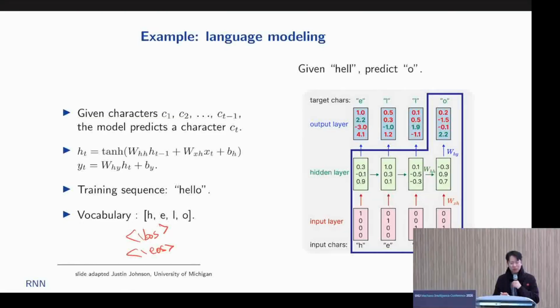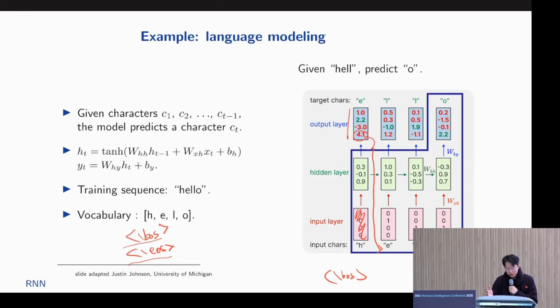So each sequence is pre-padded with the beginning of sentence token and post-padded with the end of sentence token, for all sequences. During inference, you first insert the beginning of sentence token here and start decoding. Here, you take the one with the highest score, so this guy, and sample from this distribution.